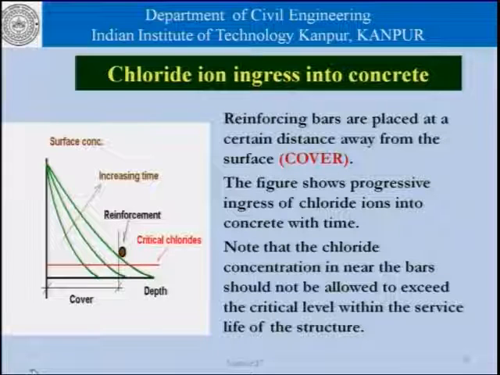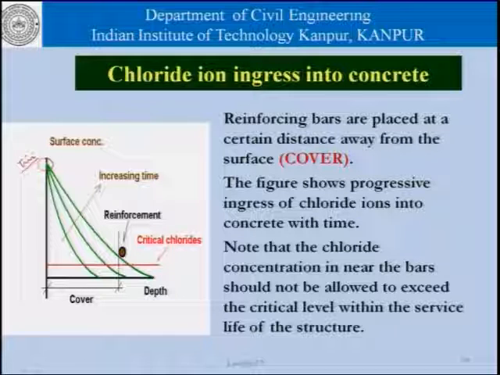Now, let us look at chloride ion ingress into concrete. What we are seeing is that this is the surface layer, or the thin surface layer that we are talking about. In that thin surface layer, we are assuming that the chloride concentration remains the same, is virtually constant, and the reinforcing bars are placed at a certain distance away from the surface, and that is called the cover.